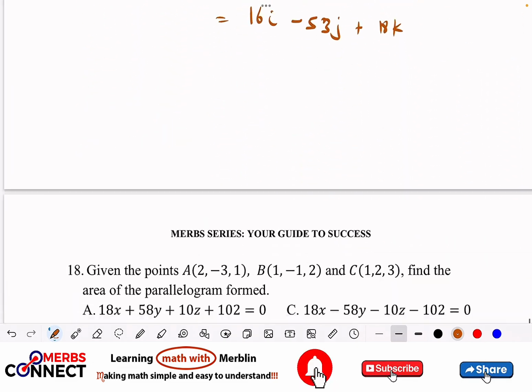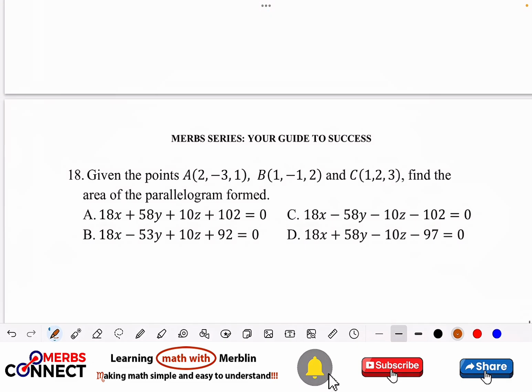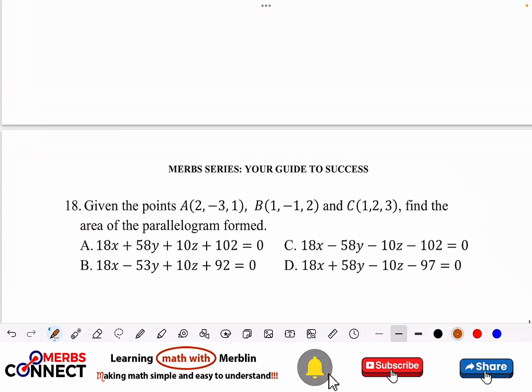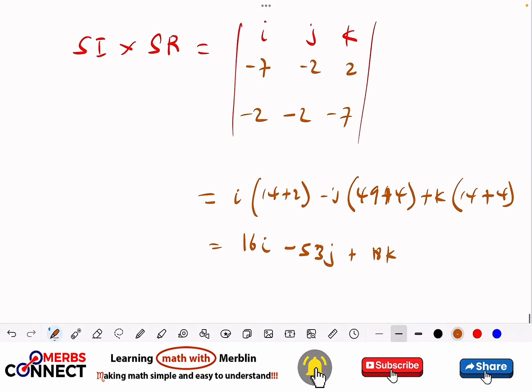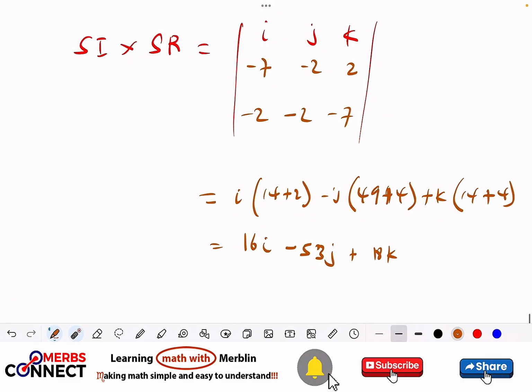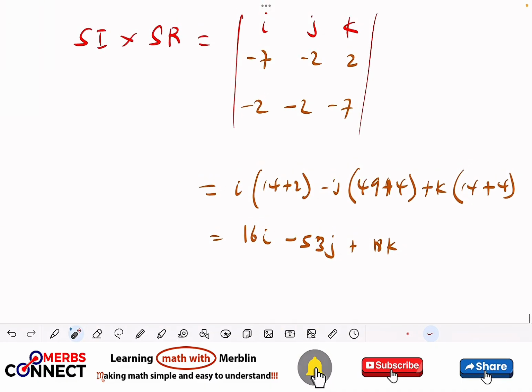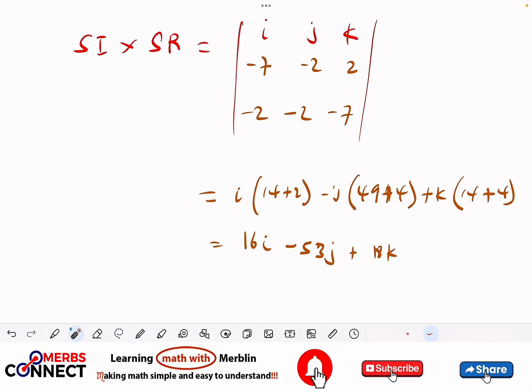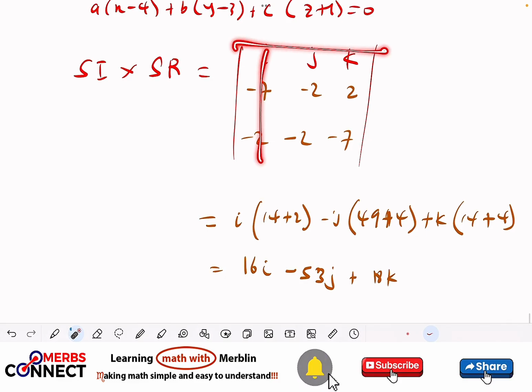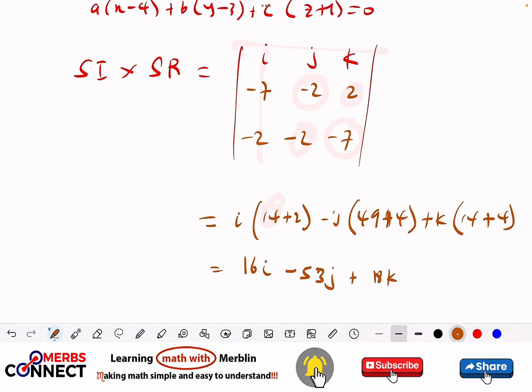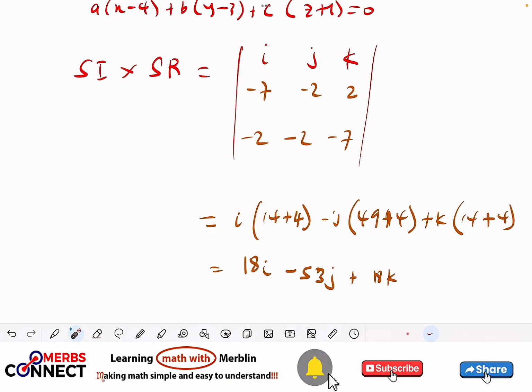Now let's try and then plug them in. Am I doing the right thing here? Okay, because the solution is having 18, 58, and 10. So let me just cancel it again. This cancel this. This times this is 14. This times this is supposed to be 4. So this is going to be 18. Let me check this one again.